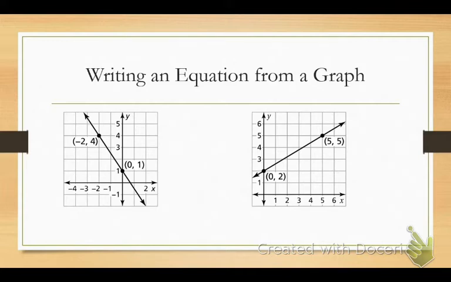Can I visually observe the graph to see where the line crosses the y-axis? Yes. Those are the two pieces of information that you need. So remember, we operate from the framework of y = mx + b. The two pieces of information that we need are our m and b values.